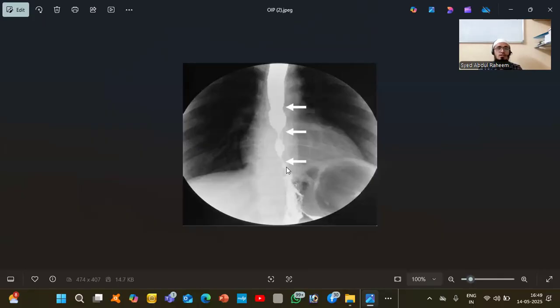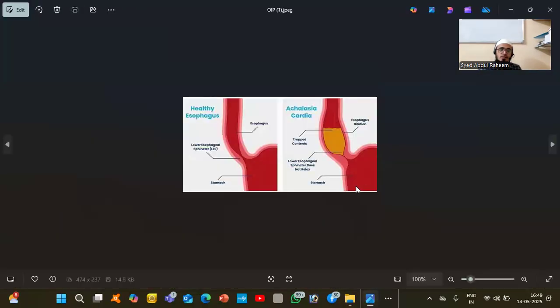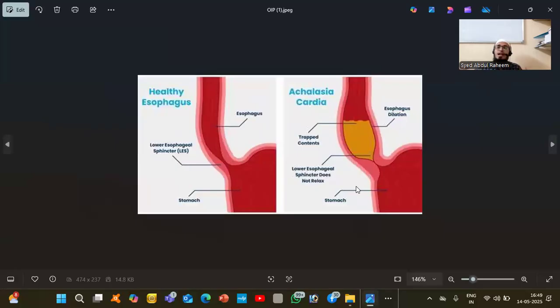So these are the important esophageal pathologies we discussed. All this will come in the reports, and we have to understand what happened. If it is achalasia cardia, the sphincter is unable to relax.